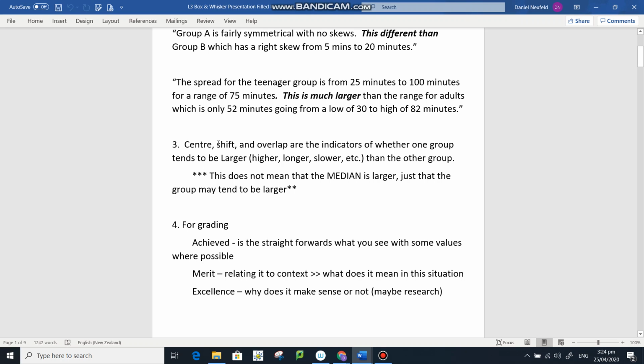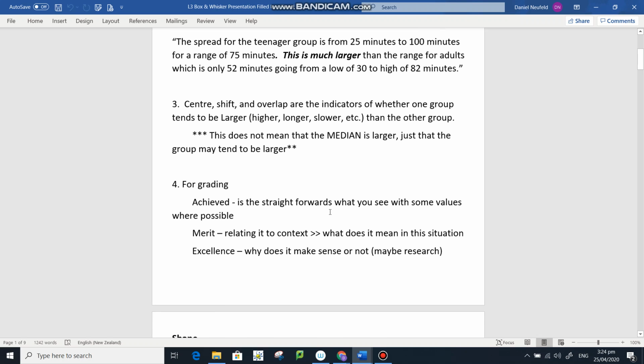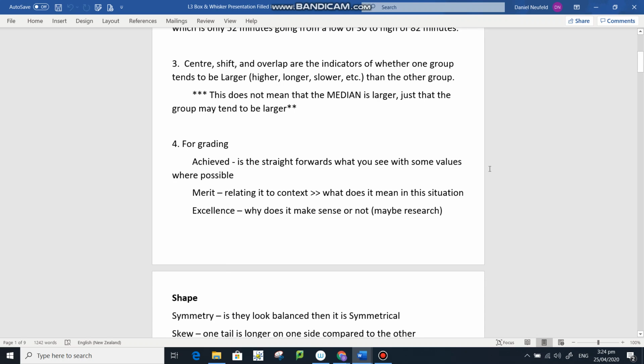When we make that call, we're looking at the center, the shift, and the overlap. The other parts give us good information that we can comment on, but when we make the call, it's based on those three.